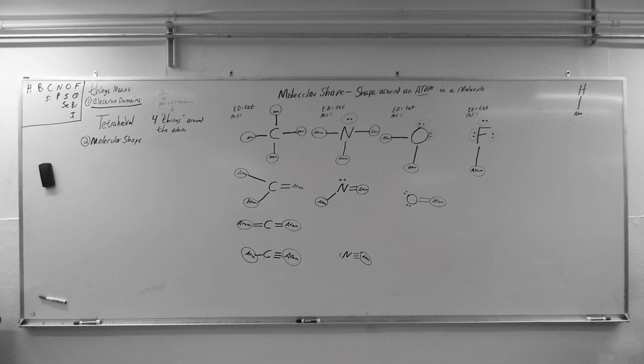Let's pretend this little short thing is that pair of electrons. I'm shortening it like that to tell you, in your mind's eye, you're going to ignore that part of the tetrahedral shape.